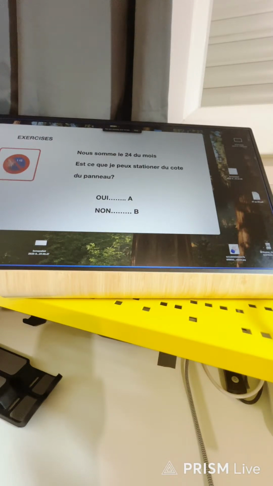If it is just one type like this, that date is when you can park. But the date that is on the panel, you are not allowed to park. That's another easy way to remember the rules.